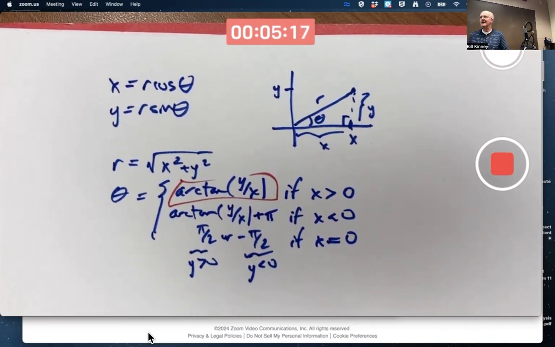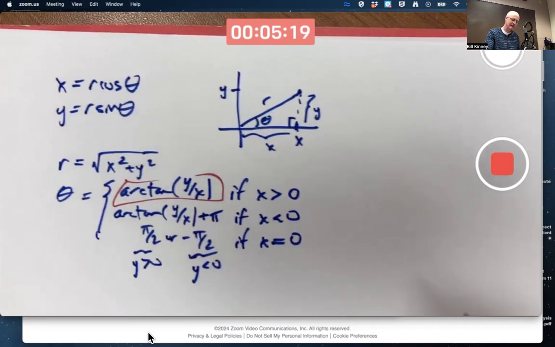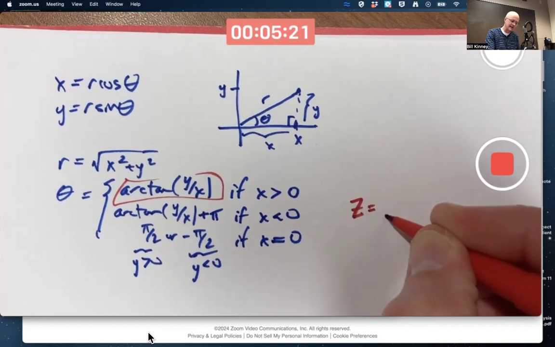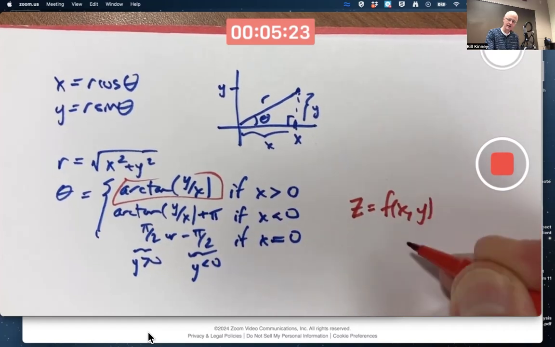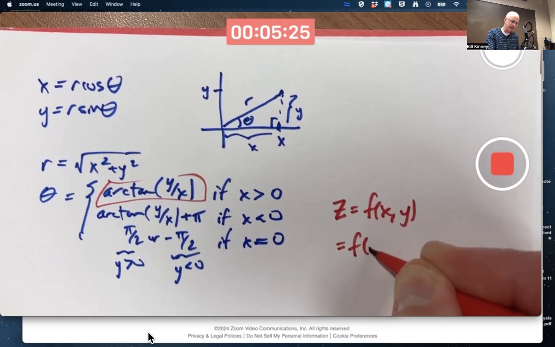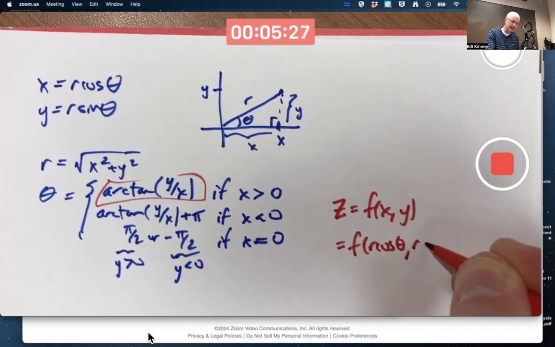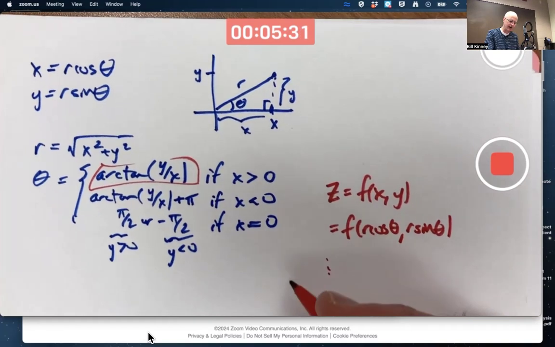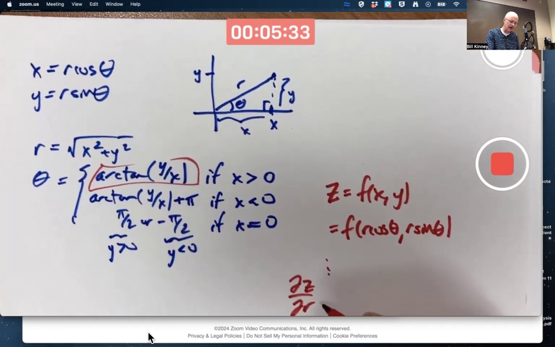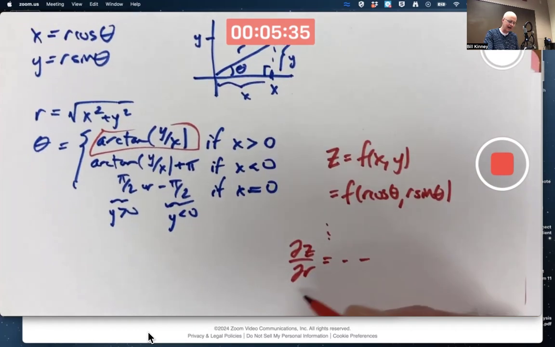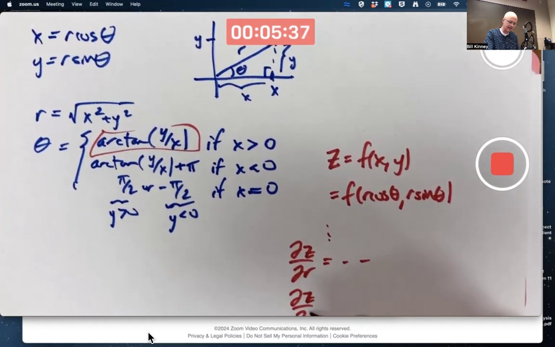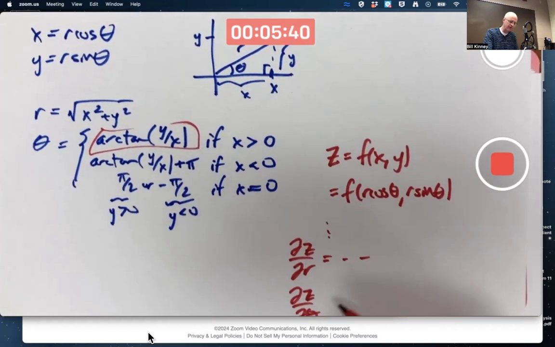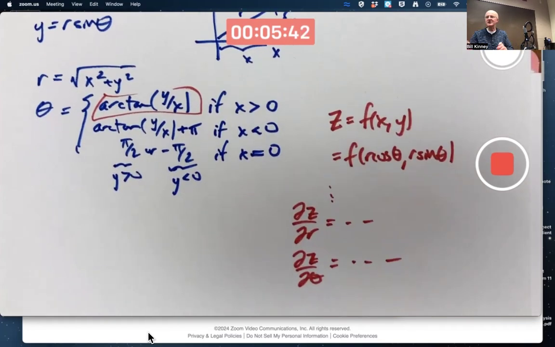I showed you last time that you could take a function z of 2 variables and replace x and y with r cos theta and r sine theta, and use the chain rule to ultimately find dz dr and dz d theta. That's what we focused on last time, but you actually can do it the other way around too.